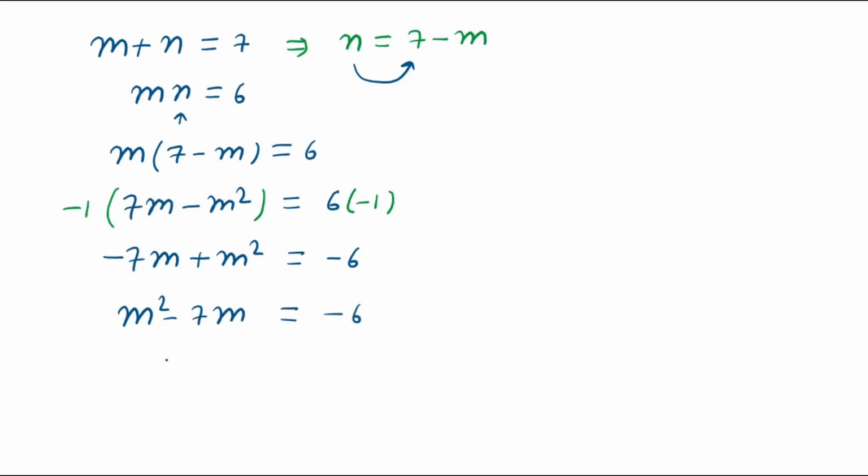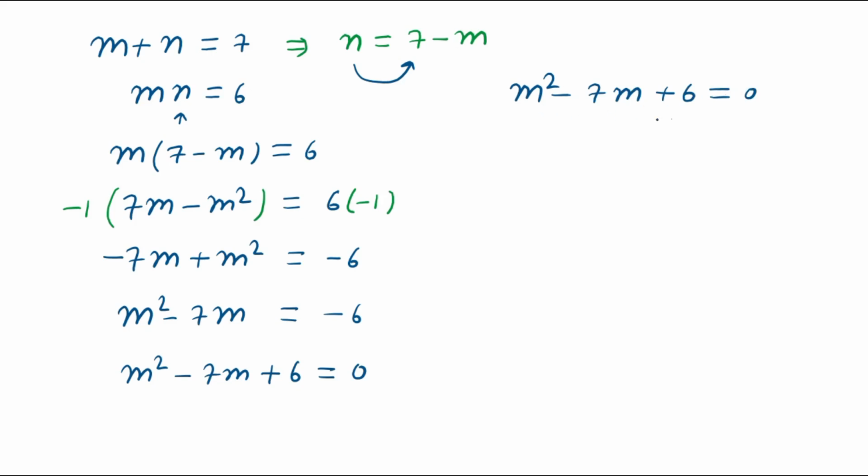Now if we take all the expressions to the left hand side, then m² - 7m + 6 = 0. In the left hand side we have a quadratic equation in terms of m: m² - 7m + 6 = 0.